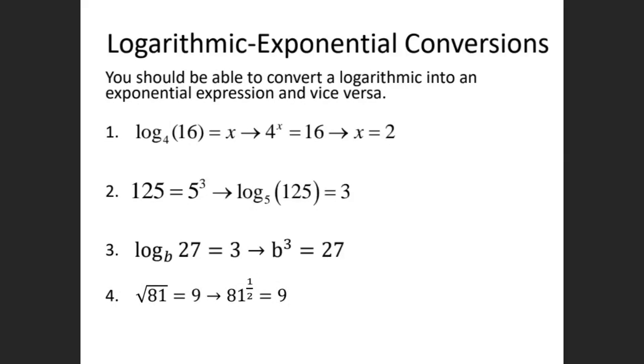So now I see that my base is 81, so my log is going to have a base of 81. The input of the exponent becomes the output of the log, which is equal to 1/2. The output of the exponent that was 9 now becomes the input of the log. So it's log of base 81, I enter 9, my answer is going to be 1/2.